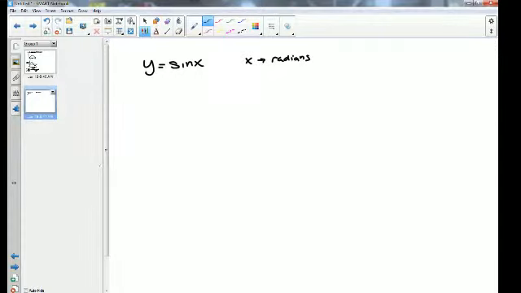So we had to use radians yesterday, right? And this is going to be built completely off of the unit circle.